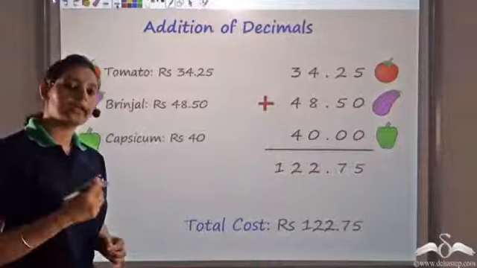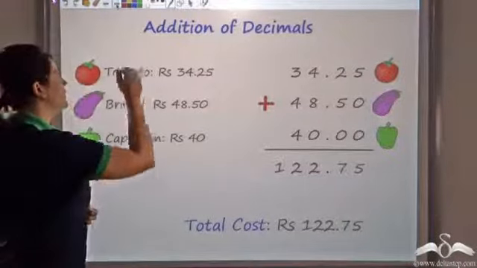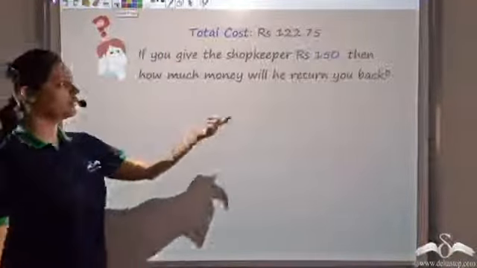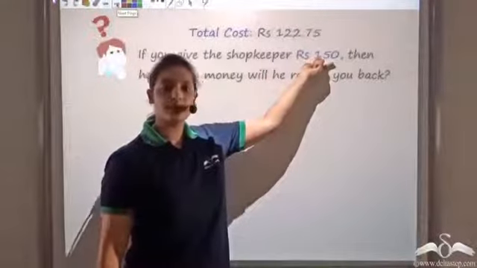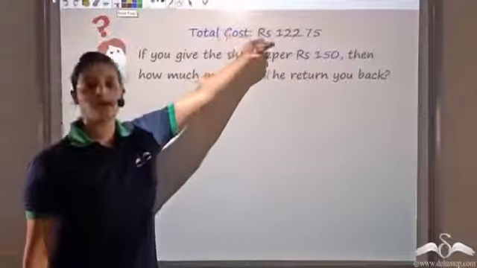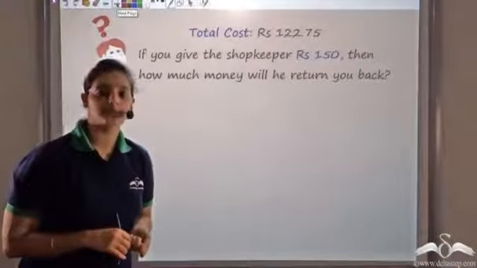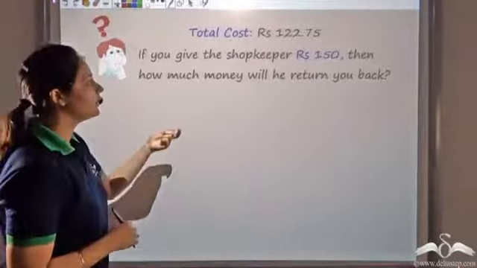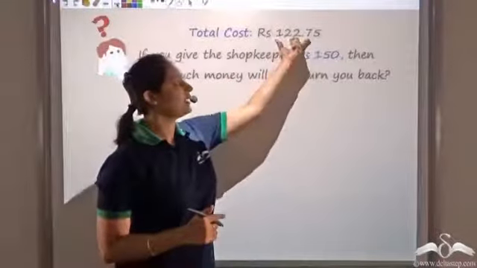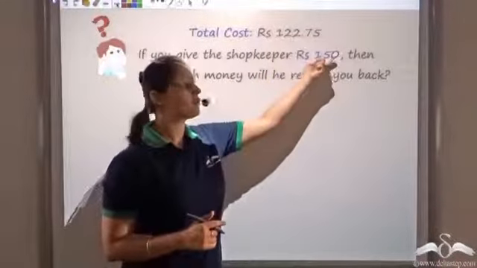Now, if you give your shopkeeper 150 rupees, your total cost was 122.75. How much would the shopkeeper return you back? Well, the shopkeeper would cut 122.75 from your 150.